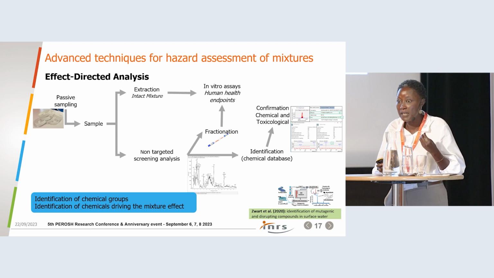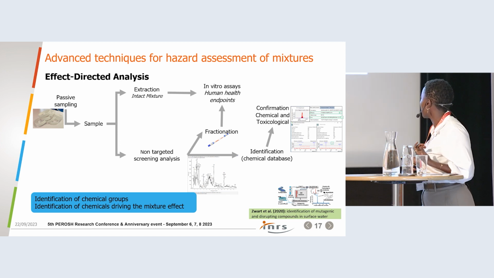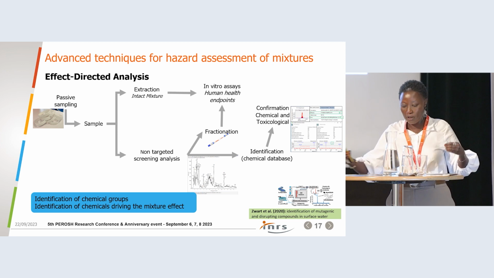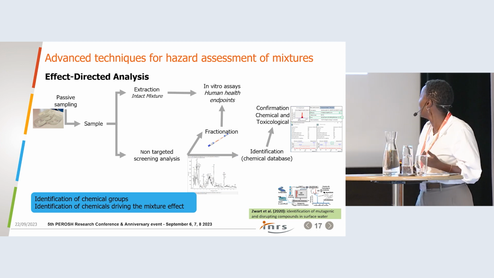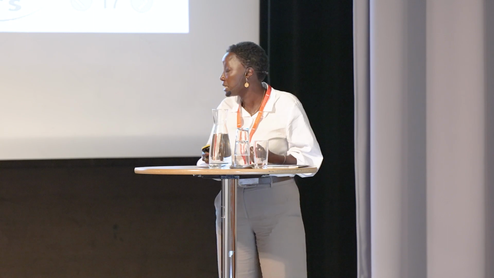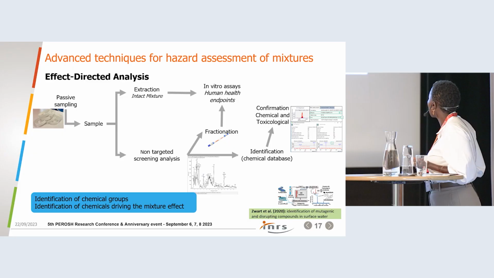To reduce the complexity, the sample can undergo what is called fractionation. That means that the sample will be separated into several fractions, and then the toxicity testing can also be performed on these fractions. And the third step of effect-directed analysis will be the use of non-targeted screening to identify the chemicals in the different fractions.